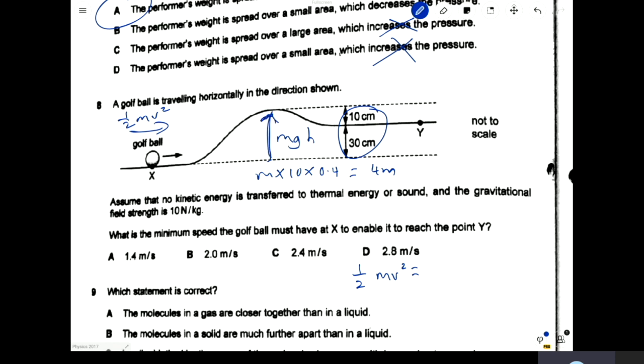Now this must equal half mv squared. Can you see the algebra? I need to find v. I can cancel both the m. So I get 4 equals half v squared. So times 2, 8 equals v squared. So v equals square root 8.